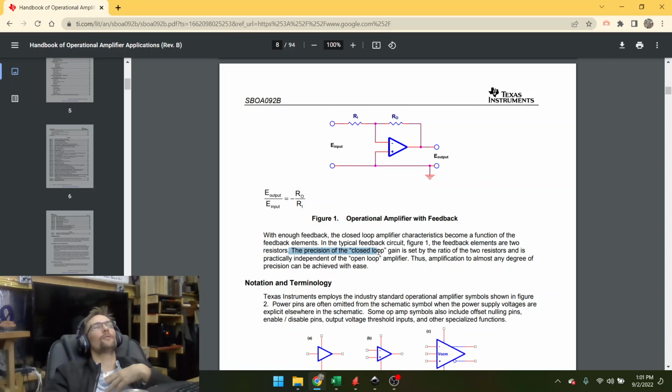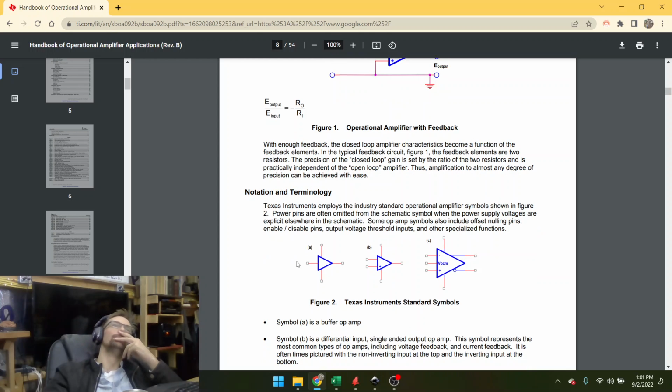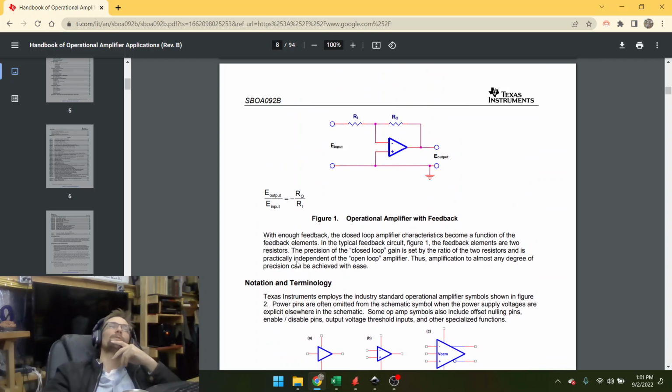The precision of the closed-loop gain is set by the ratio of the two resistors and is practically independent of the open-loop amplifier. Thus, amplification to almost any degree of precision can be achieved with ease. To almost any degree of precision.